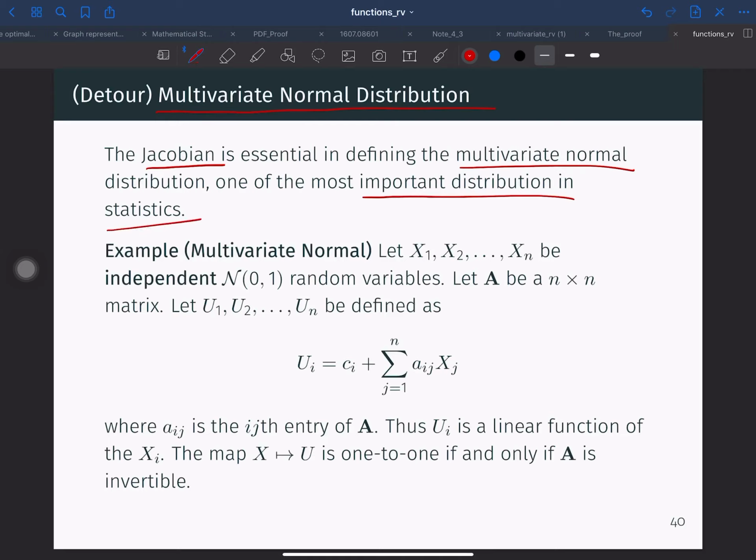So the multivariate normal distribution can be defined as follows. Suppose I have x1, x2 up to xn be independent standard normal random variables.